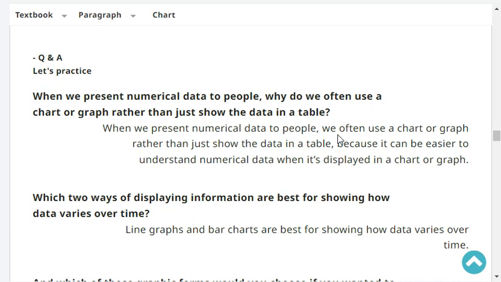We often use a chart or a graph rather than just show the data in the table because numerical data can be easier to understand when it's displayed in a chart or a graph.